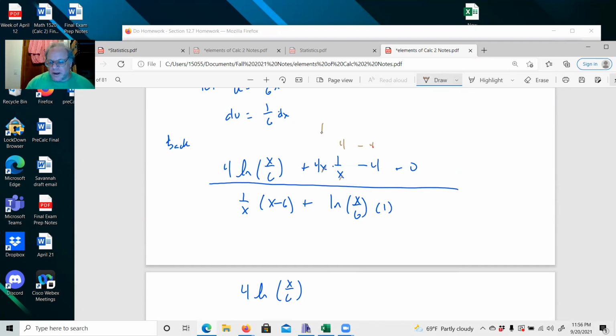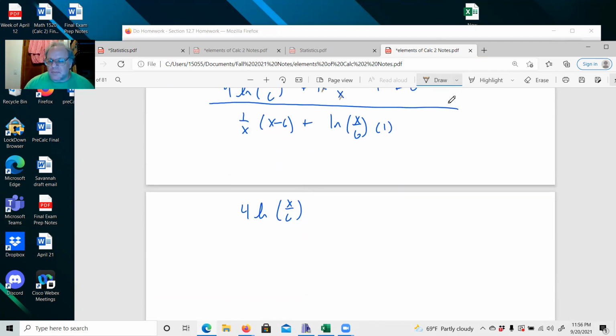We're just going to have a 4 minus 4. So that's our top. We're done there. Hopefully this will crack the whole thing. Probably not, but you never know. It's 1 over x times x minus 6, and then we have plus natural log x over 6.